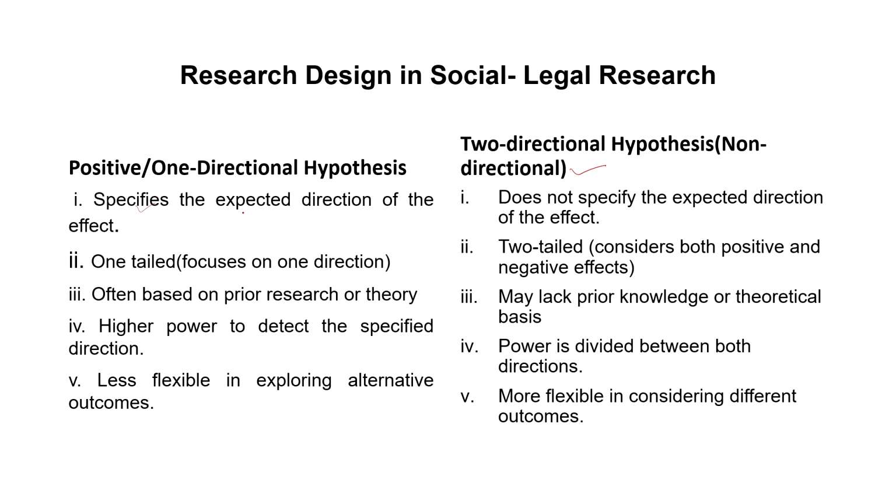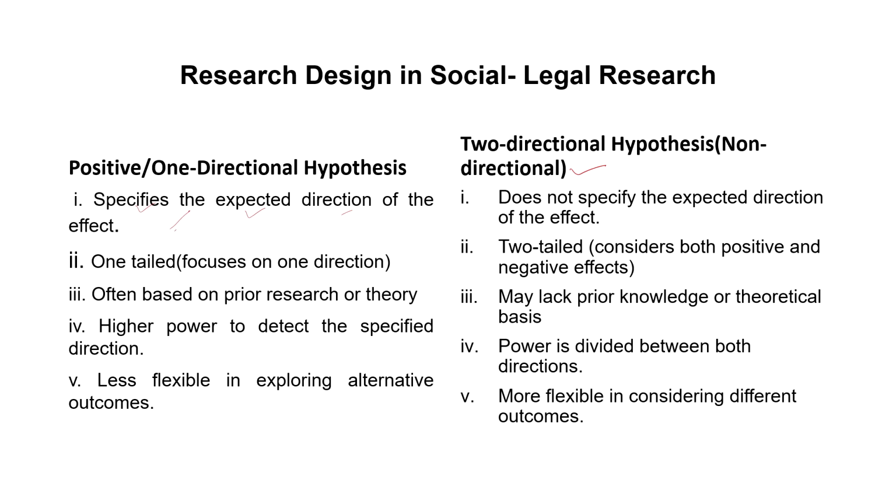It specifies the expected direction of the effect. So, if the researcher wants to pursue research that as the number of hours increases, the marks or grades will also increase, it specifies the expected direction.